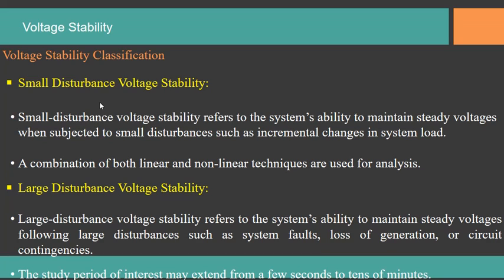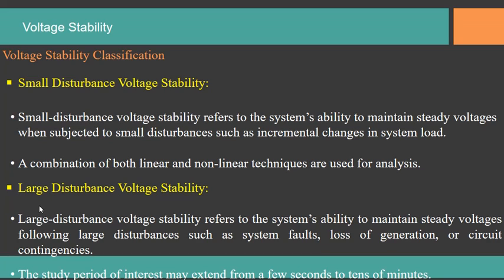This concept is very useful in determining, at any instant, how the system voltage will respond to small system changes, whether due to inductive, capacitive or resistive load. Such changes in the system can be analyzed with small disturbance voltage stability.